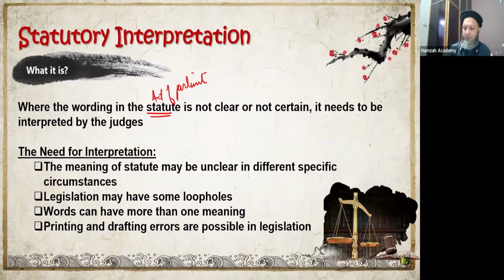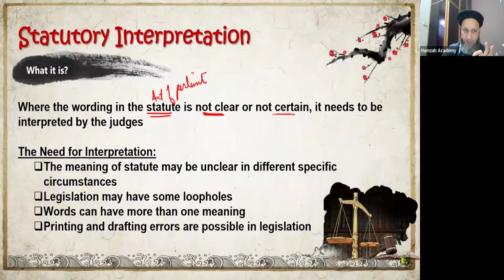Sometimes what happens is that when the judge has to make a decision, obviously he has to refer to the act, if not common law or precedent. If he has to check the act and there is some wording in the act which is not clear or not certain, meaning it can have at least two different meanings, then it is the judge's job to make an interpretation of that statute, and that is called statutory interpretation.